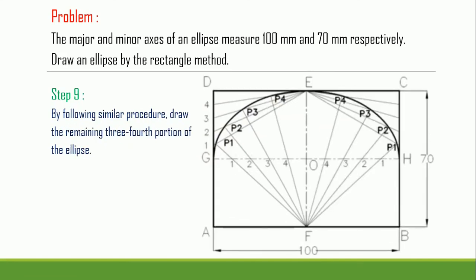So we just go for that. Here you can see the line CH is divided into 5 equal parts.